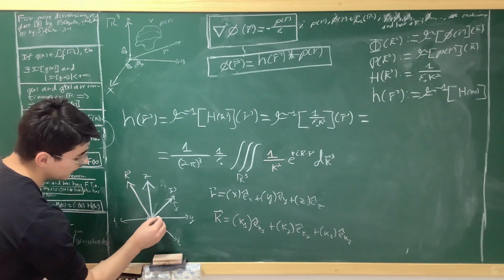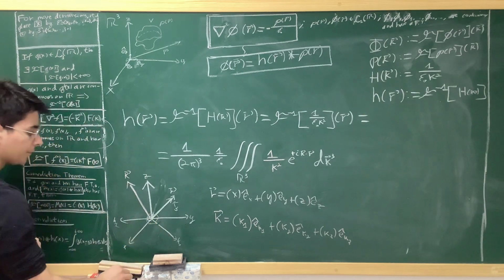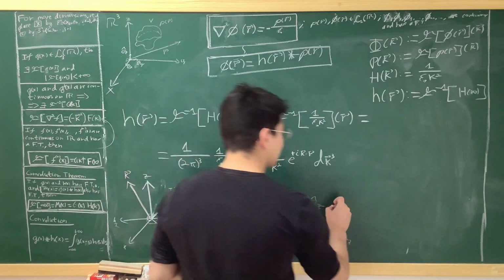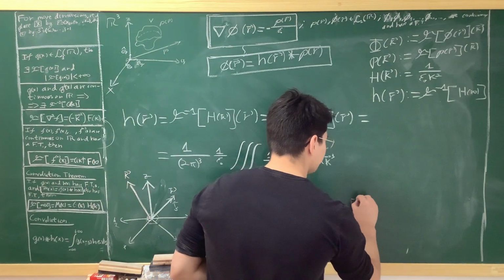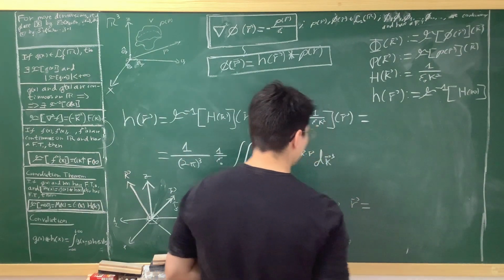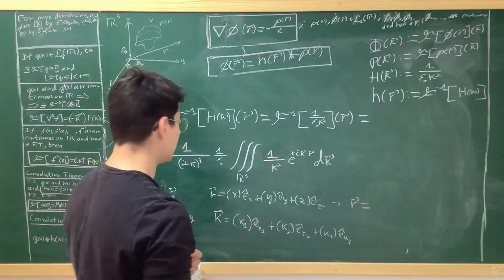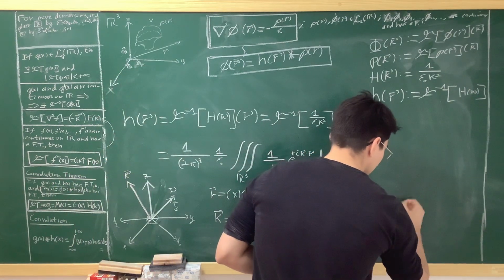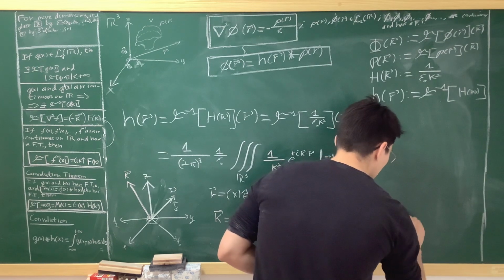Of course, we're assuming they're perpendicular to each other. So with this set of axes, r is actually just r ek3.